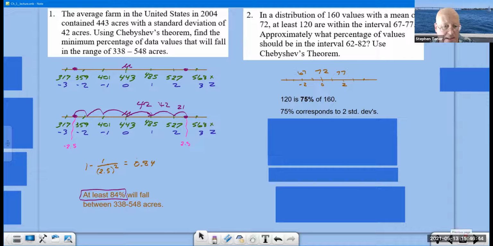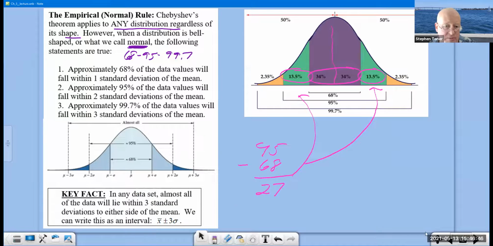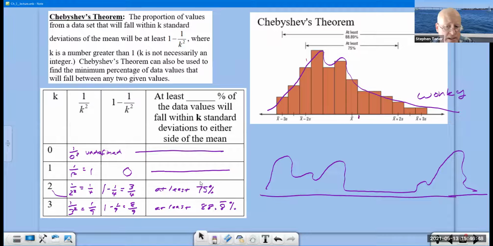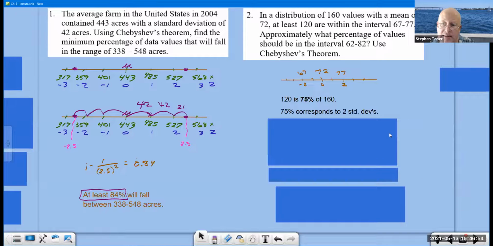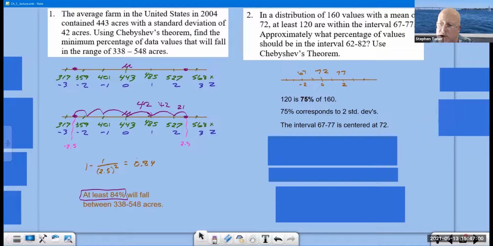If I go back to the table a couple screens back, notice at least 75% right there goes with the 2 standard deviations. So that's what I did, and that allowed me to go -2 and +2 right up there on my number line. So I'm going to say that the interval from 67 to 77 is centered at 72. So that's all from the first sentence. That's what I was able to glean out of it.